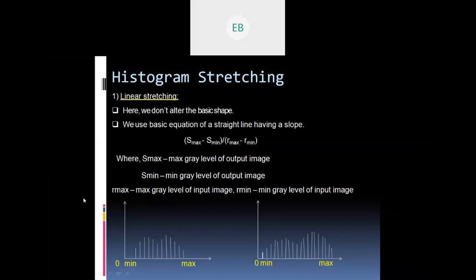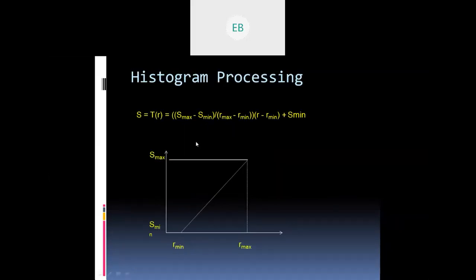Since we are talking about the intensity level of the image, we take threshold values: S maximum, S minimum, R maximum, R minimum, where S max and S min denote the maximum gray level and the minimum gray level of the output image, and R max and R min denote the maximum gray level and minimum gray level of the input image respectively. So this is about linear stretching.